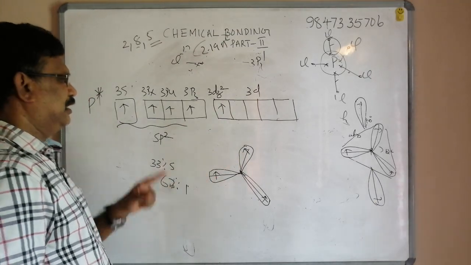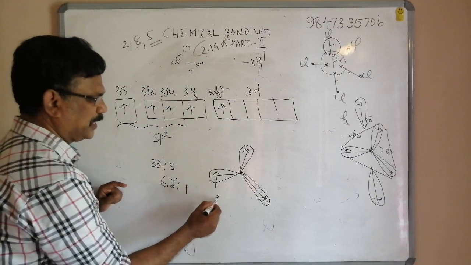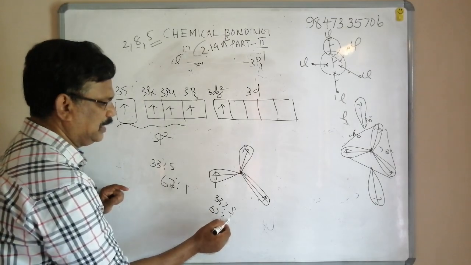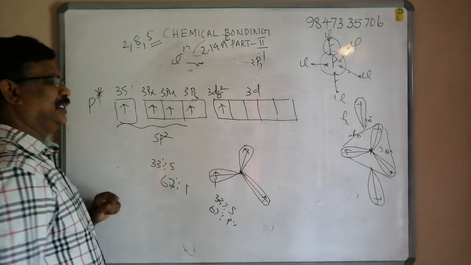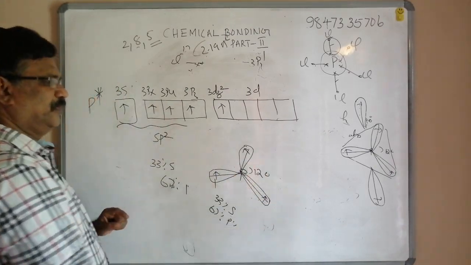Bond angle 120 degrees. Atom phosphorus, hybridization sp².